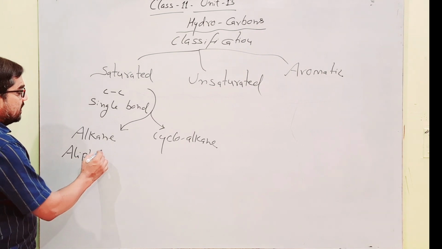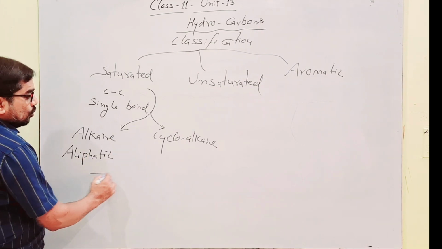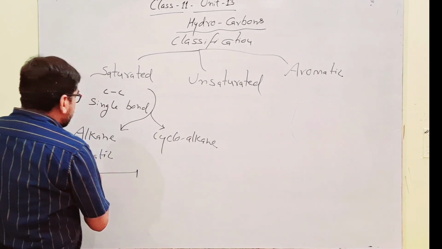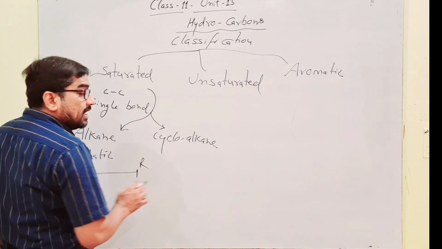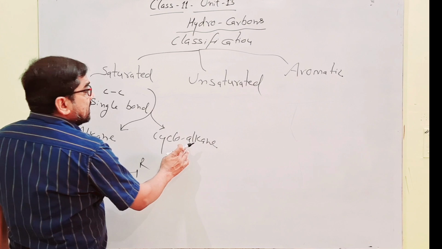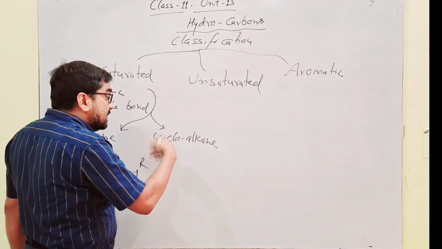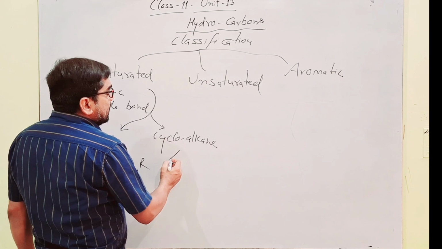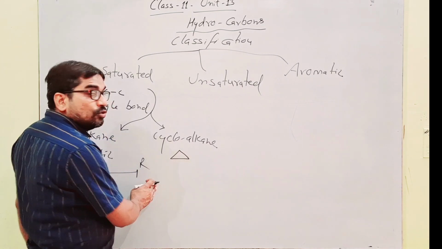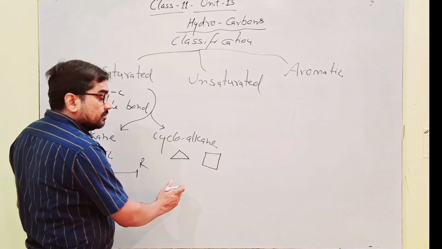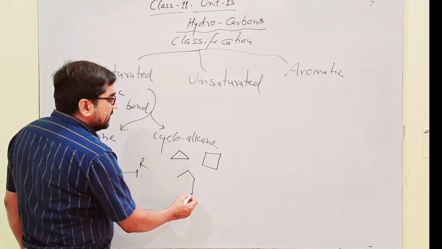Aliphatic means open chain, as we have discussed in nomenclature. Open chain with both the ends open, while cycloalkanes are carbocyclic ring structures like cyclopropane, cyclobutane, cyclopentane.